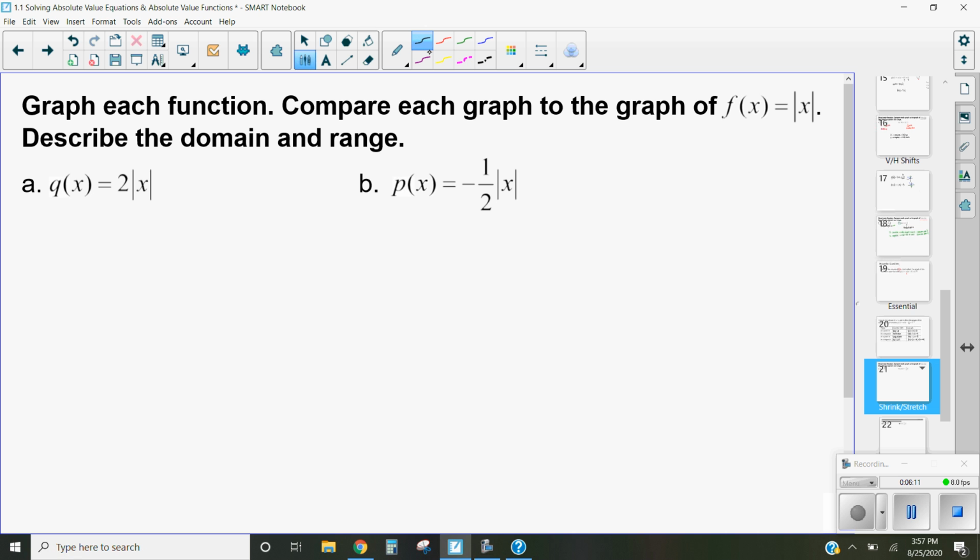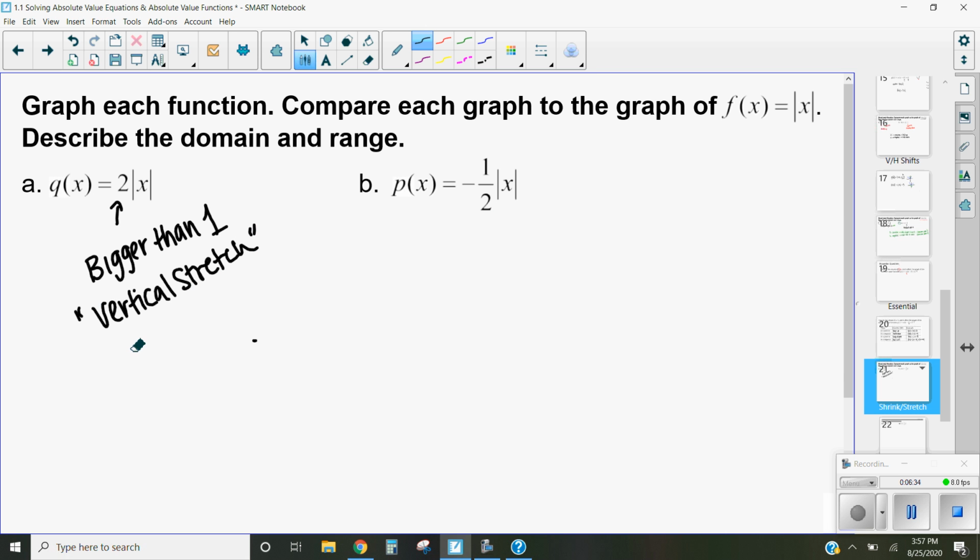Well, we just saw on the Desmos graph that when it was this 2 and the number was bigger than 1, what happened was it had a vertical stretch, is the words that we call it.